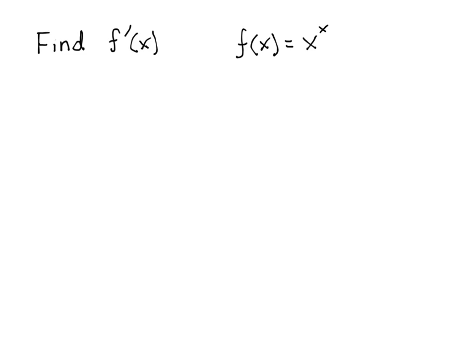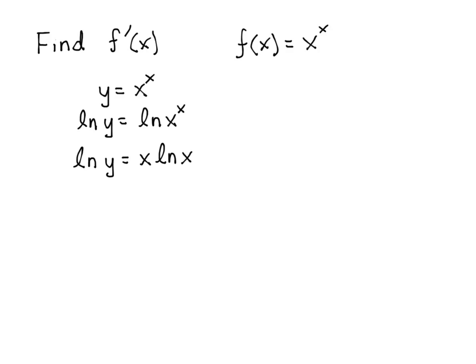Well, that's not going to work if we have a variable both in the base and in the exponent. So the thing we'll do here is take the log of both sides, because the log lets us take that x as an exponent and make it a coefficient in front of the log of x. Okay, now we have something we can take the derivative of.